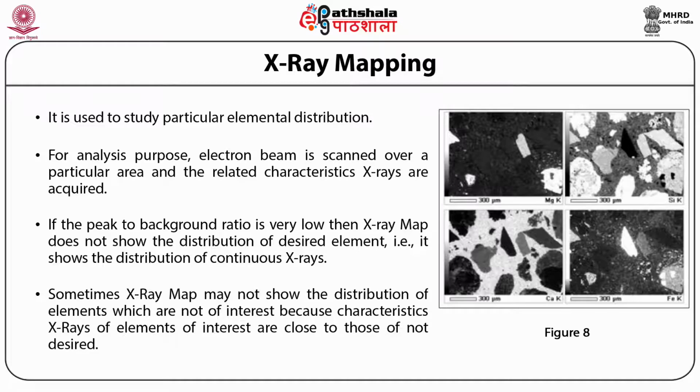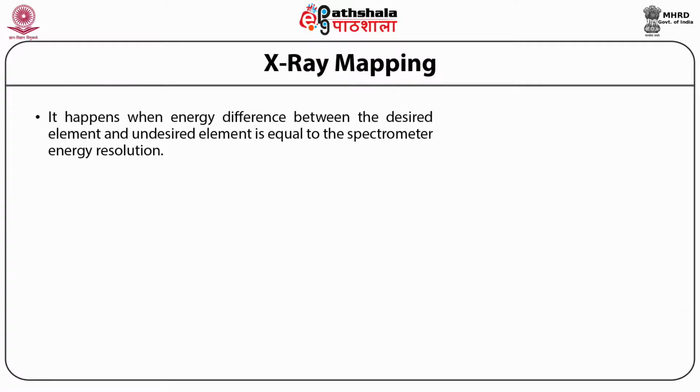Sometimes the X-ray map may not show the distribution of elements of interest because characteristic X-rays of elements of interest are close to those of the undesired ones. It happens when the energy difference between the desired element and the undesired element is equal to the spectrometer energy resolution.